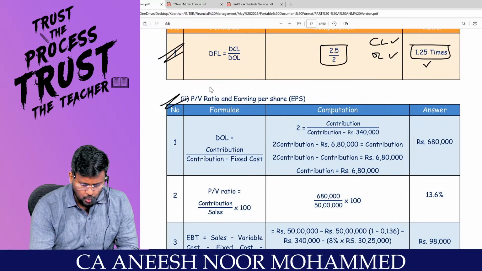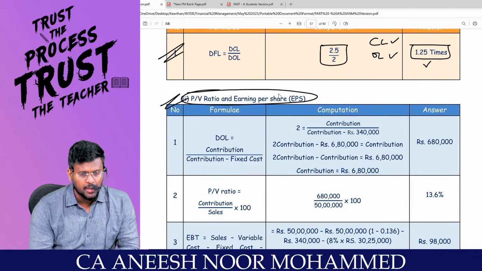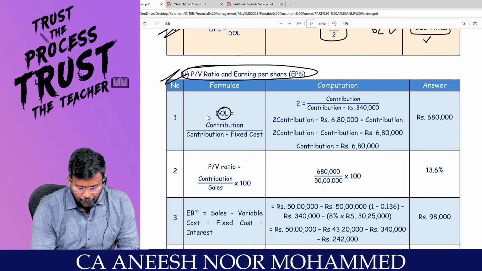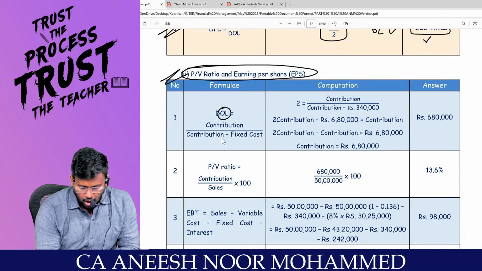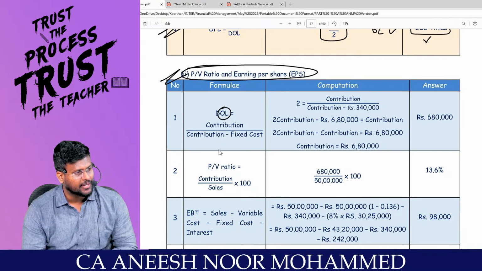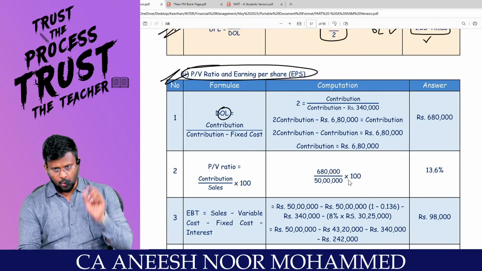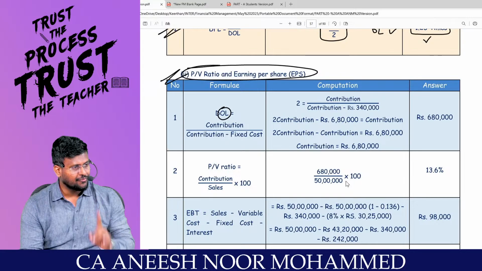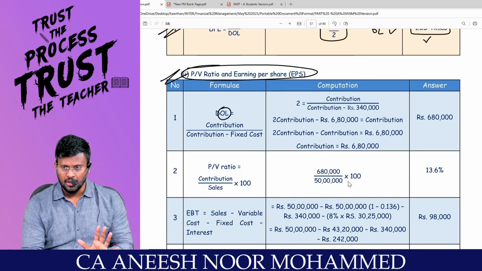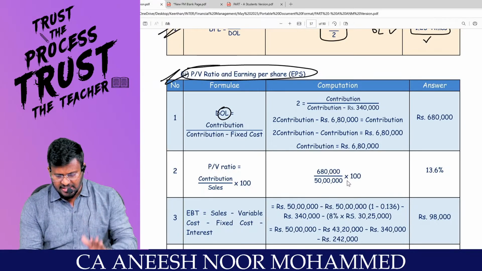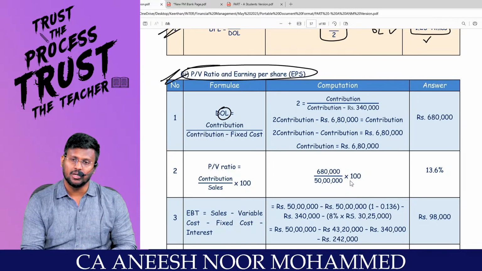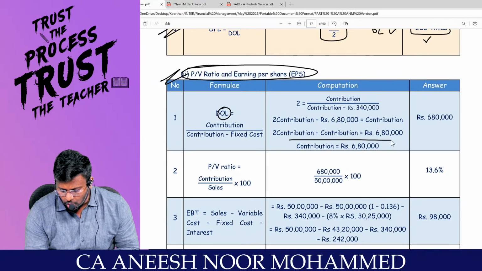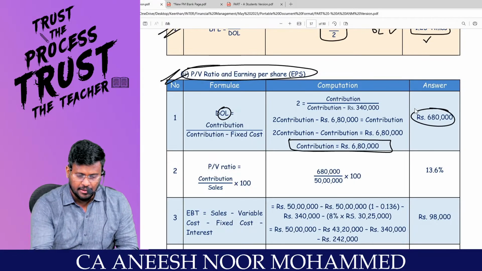My dear lovable students, profit volume ratio and the EPS. Sir, degree of operating leverage is equal to contribution divided by contribution minus fixed cost. So, they have not traveled through the interest route. They have traveled through the fixed cost route. They assume that fixed cost to be fixed. That is more logical. And they find out that contribution as 6,80,000.